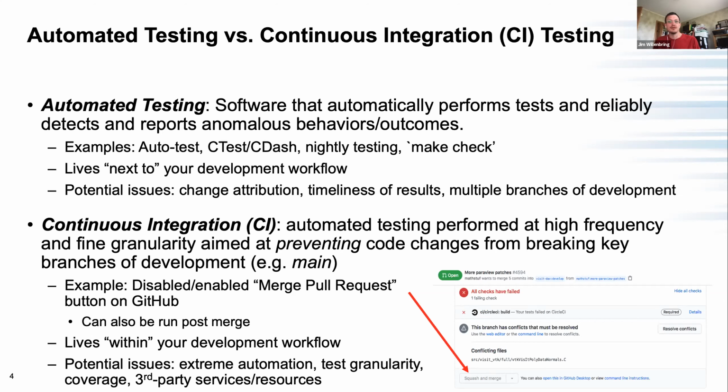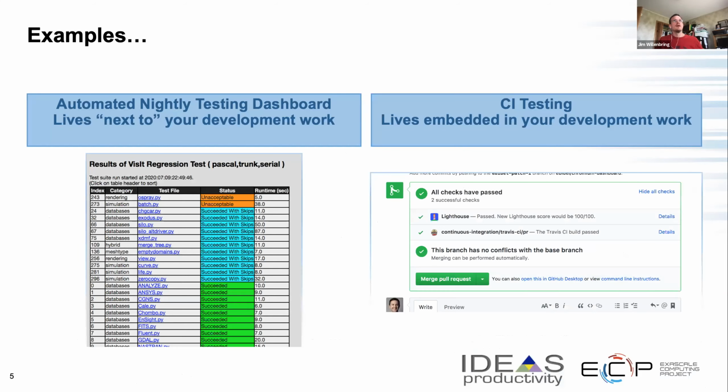So it may be difficult to figure out which of the changes that were tested for the first time in this run of the automated testing led to the failure. You might need to do some bisecting to figure that out. So that's just a little bit of the distinction between automated and nightly testing.